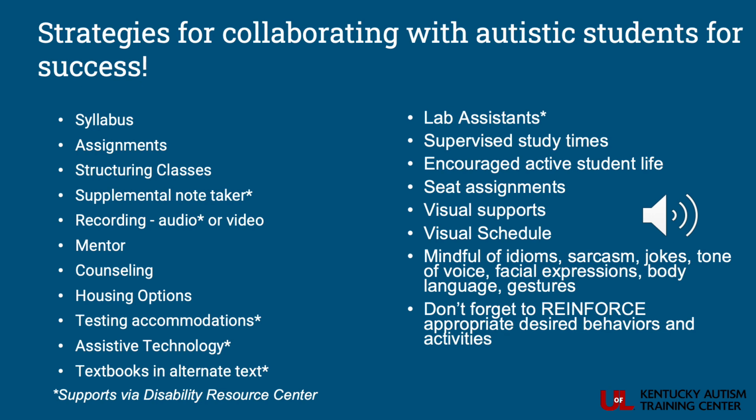Very distinct instructions with assignments, structuring classes, supplemental and note-taking, recording audio or video, mentoring and counseling, housing options if you're in higher ed, and testing accommodations. These are a continuous list of things that you can use as strategies for success in working with autistic students.